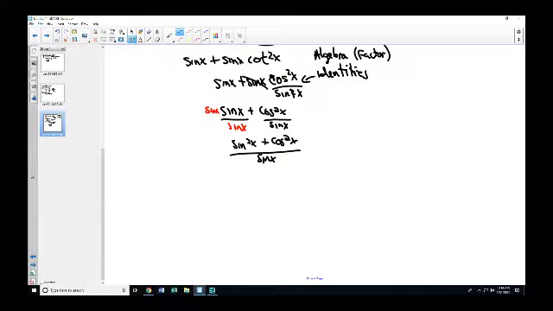Anybody know what the top is? Sine squared plus cosine squared is an identity. One. And then 1 over sine is also an identity, for cosecant.